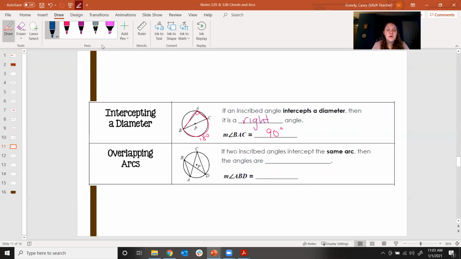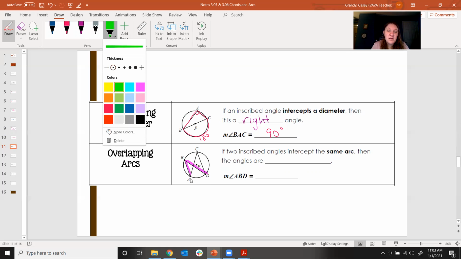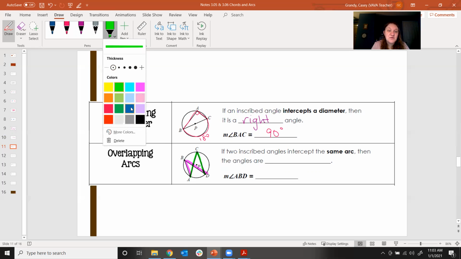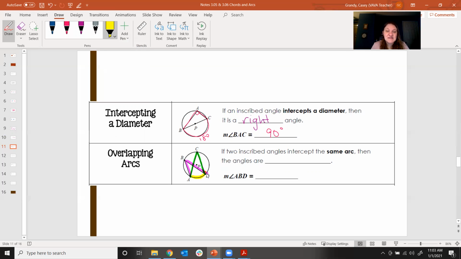If you have two inscribed angles that intercept the same arc, so for example, I have angle ABD and I have angle ACD. Notice that they have the same intercepted arc. They're both intercepting arc AD.